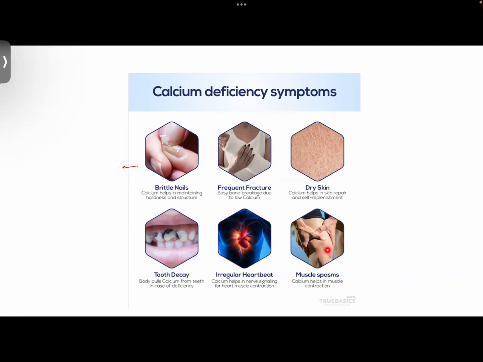Have you ever observed that elderly people feel a stretchy sensation in their fingers? That is muscle spasms, and it also happens due to deficiency of vitamins. The person would complain that it is as if someone is pulling their leg or their finger. That is what happens in muscle spasm.